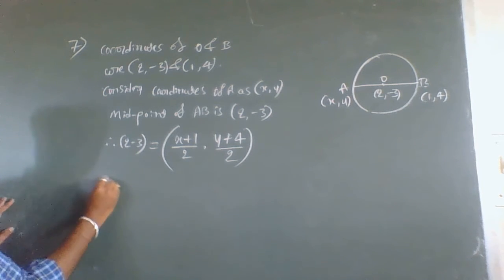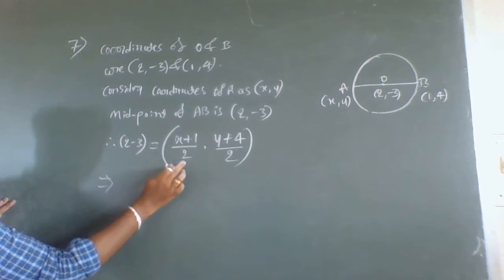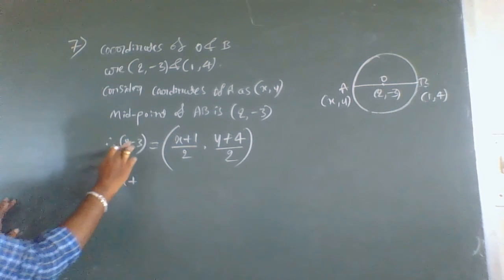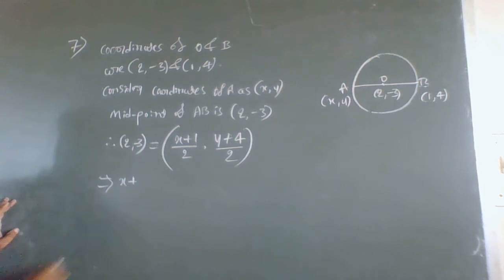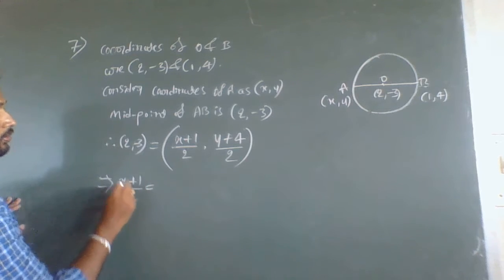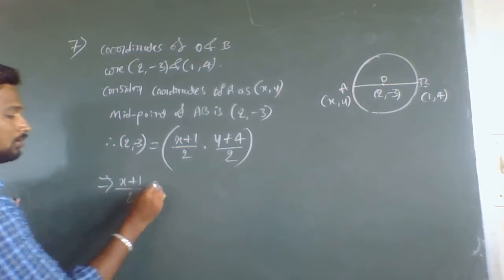Now you can write x plus 1 divided by 2 equals 2, since 2 is the x coordinate here.